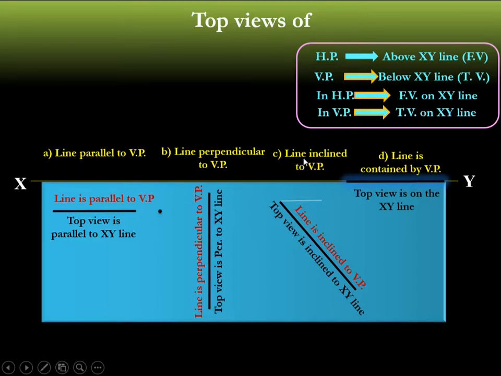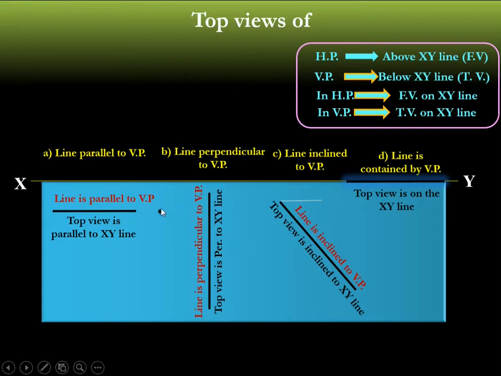Whenever the straight line is inclined to vertical plane, the top view will be obtained below the XY line and it will also be inclined to XY line. Whenever the straight line is contained by vertical plane, its top view will be obtained on the XY line itself.